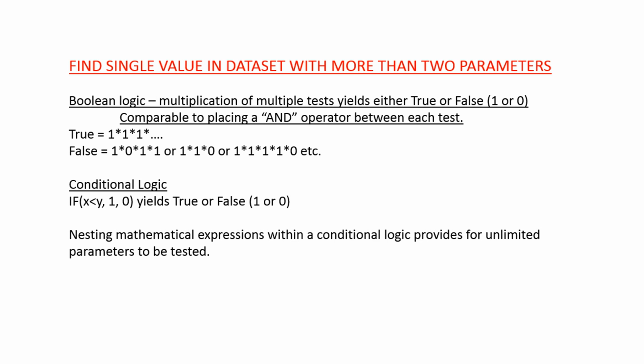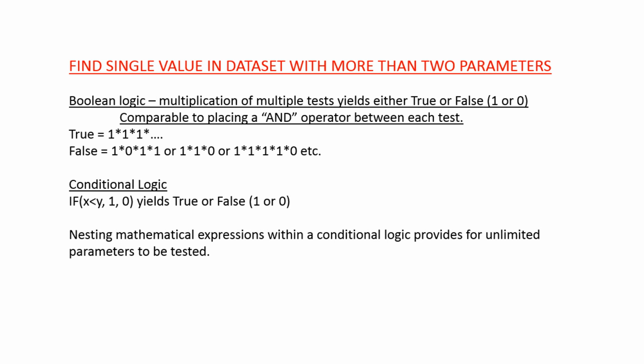So these should be some concepts that you're going to need to understand in order to utilize this technique. On this slide we're going to describe what Boolean logic is, what conditional logic is, and then how we can actually nest logic with mathematics in order to come up with some very creative solutions for searching data sets.